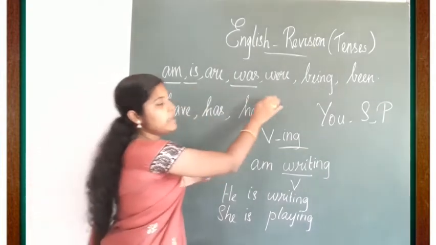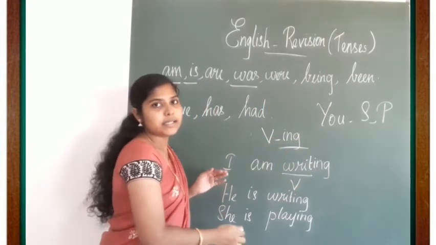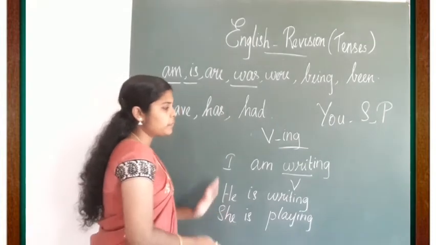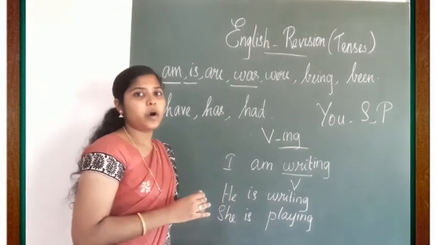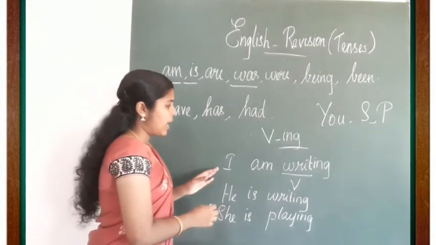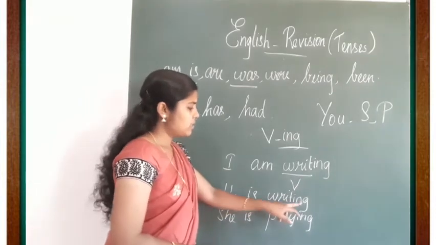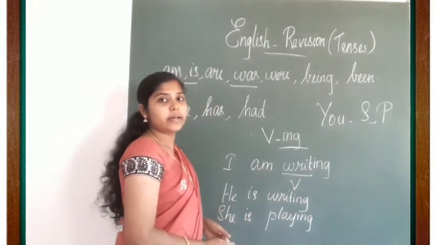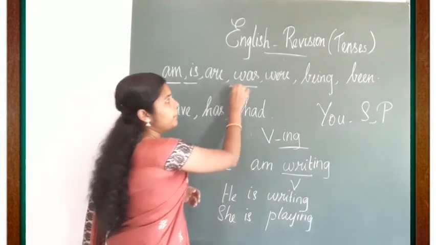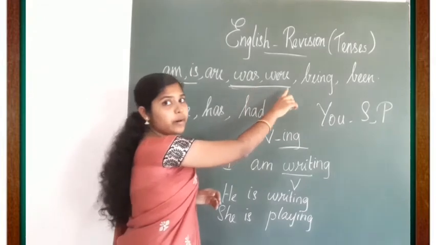So these are the be forms of the verbs we have to use for continuous tense. This is for present continuous. How can we write it in the past form? I was writing. He was writing. She was playing. Okay. So for past tense, past continuous, we have to use was or were.